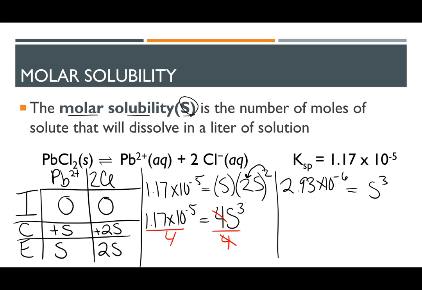And that is S cubed. So to solve for S, you're going to have to take the cubed root. So we cannot just do the square root because that will not be the correct answer.